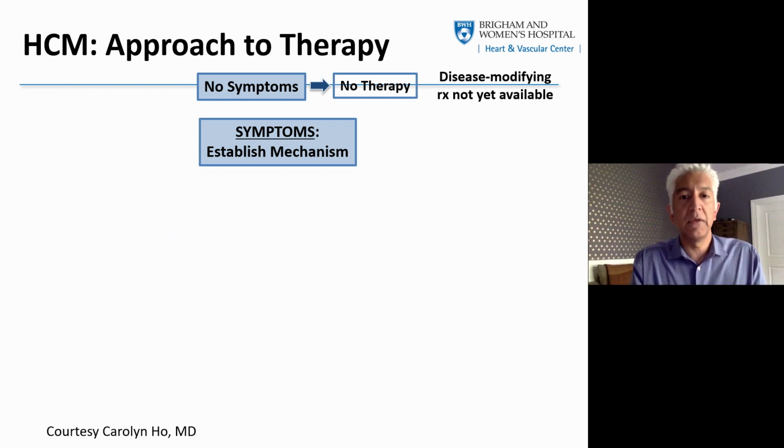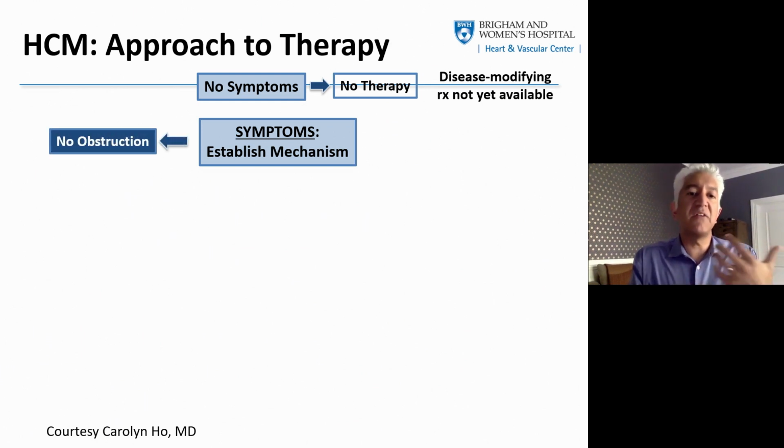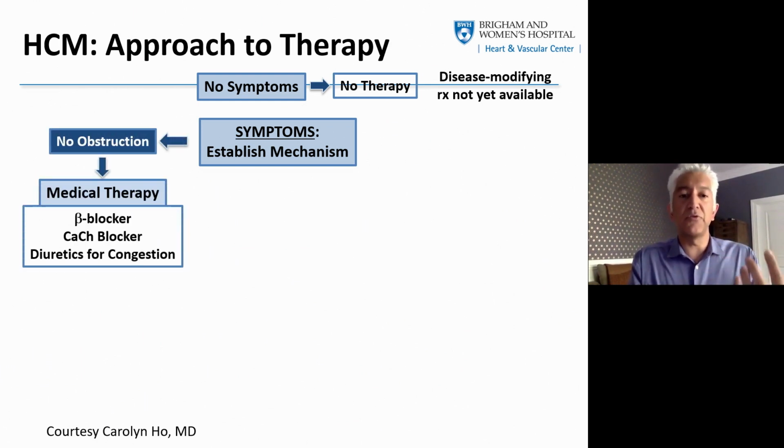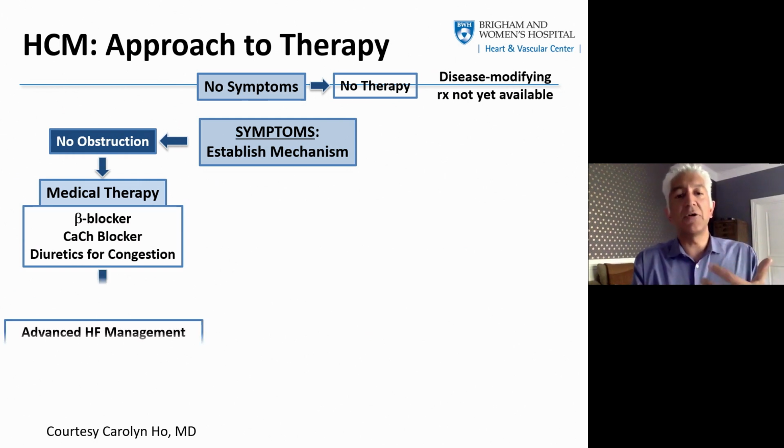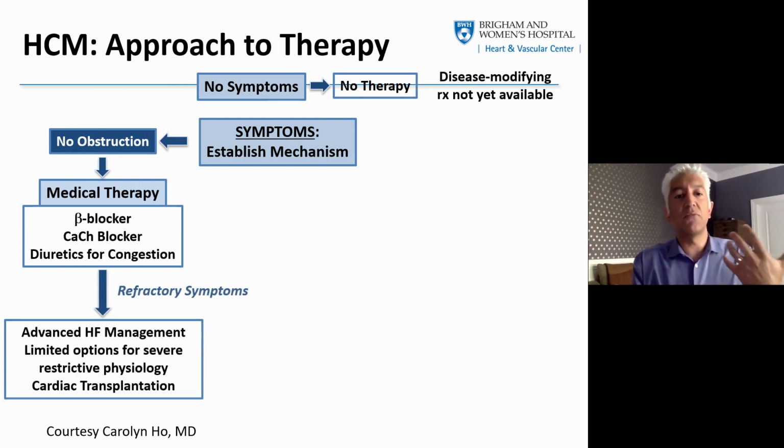So once we establish the mechanism, the slides will give you an approach to therapy, and I won't dwell on this, but in general, we're giving therapies that may modify heart rate, reduce contractility, agents like beta blockers and calcium channel blockers, and if there's congestion, we give diuretic, and those patients with refractory symptoms are then referred on.